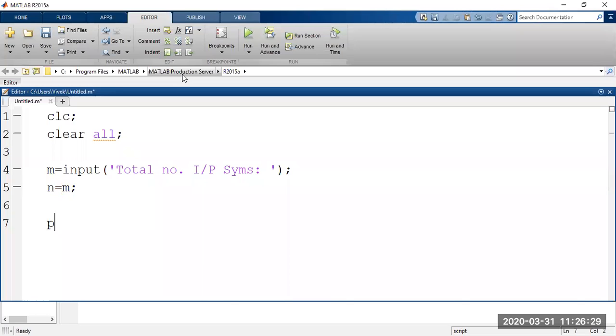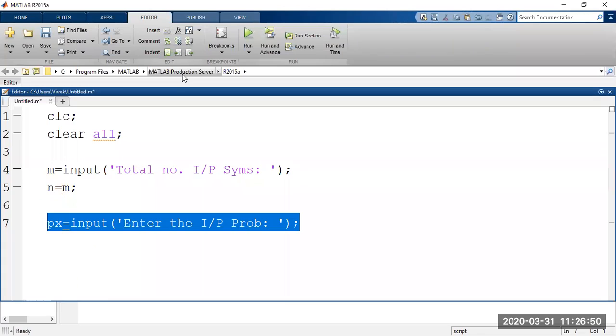Then you have to accept the input probabilities. So P(x), enter the input probabilities. I think you got this.